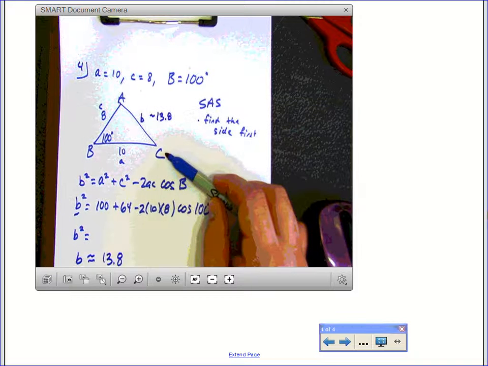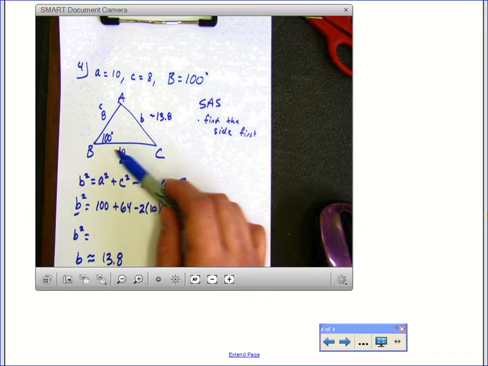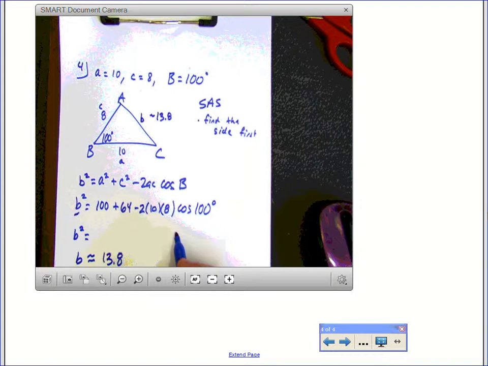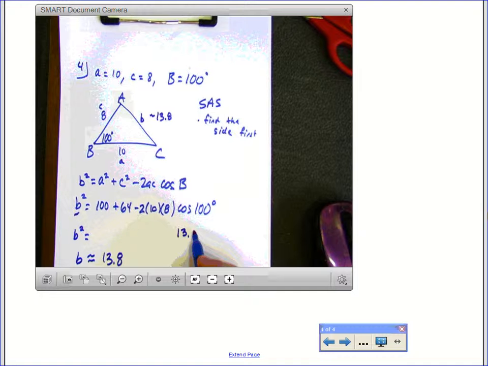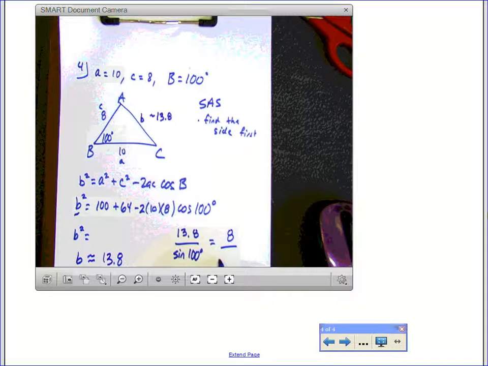So let's set up a ratio with the C, and then we're going to have to use the B ratio, right? So we're going to get 13.8 over the sine of 100 equals 8 over sine of C. Do you see where I set up this ratio?